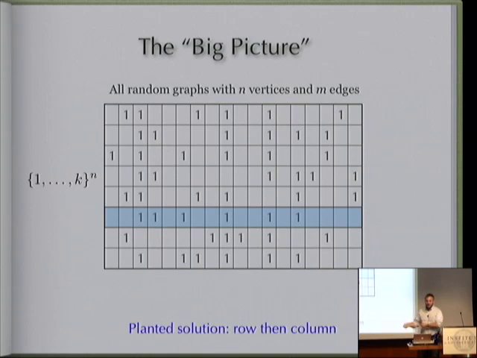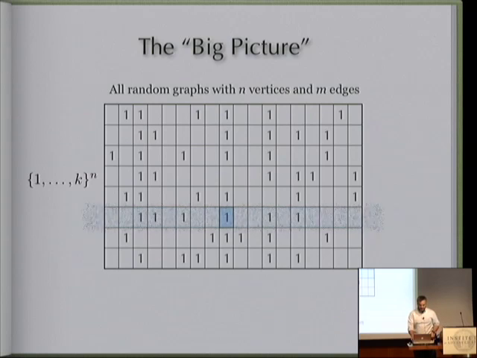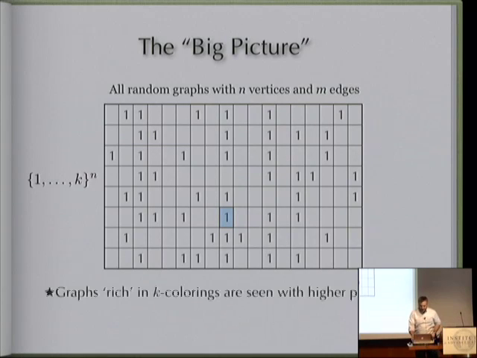That is, among all graphs for which it is a solution, we pick one uniformly at random. And as you can imagine, these are two completely different distributions in general. One way to think about it is that graphs that are rich in k colorings, that have many k colorings, are much more likely to appear under the second model.